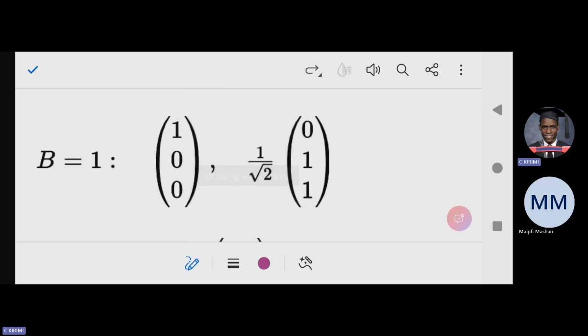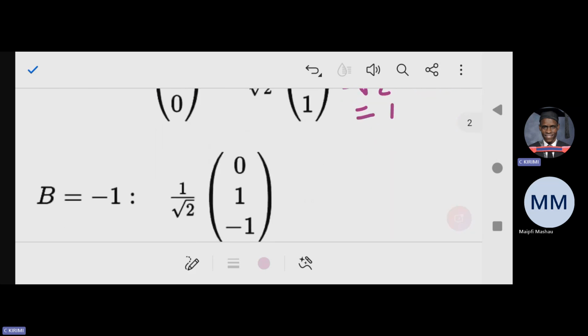Because we are saying 0 squared plus 1 squared plus 1 squared, which means it just gives you 2. So 1 over root of 2 multiplied by root of 2 is the same as 1. And then you do the same, and we also get a 1 on that side.